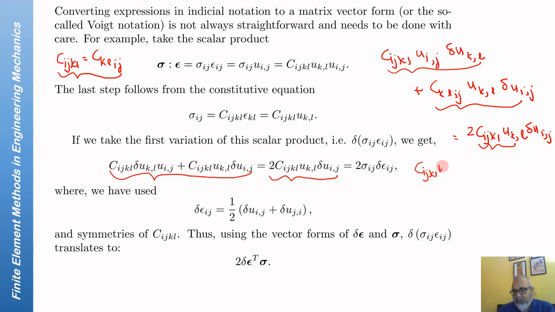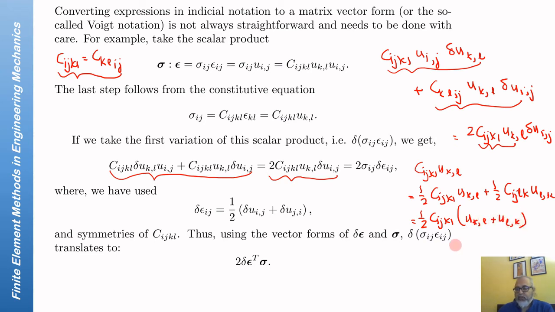Cijkl uk,l is equal to half Cijkl uk,l plus half Cijlk ul,k. But Cijkl and Cijlk are the same, so I can write this as Cijkl times half of uk,l plus ul,k, and this would then become Cijkl epsilon kl, equal to sigma ij. So this term here is sigma ij.